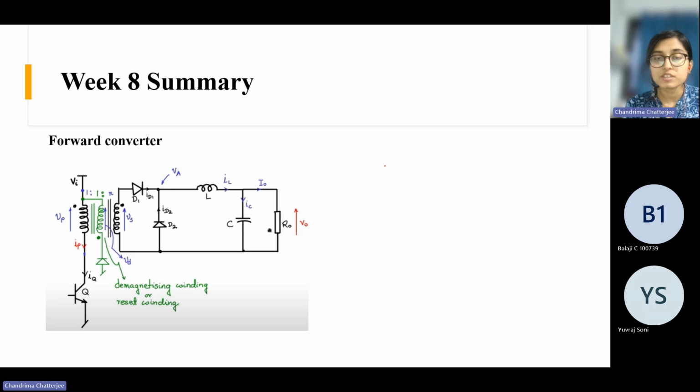If we just draw this circuit for ease of understanding, this is our supply voltage or input voltage, suppose. And here we have the primary winding, and here we have our switch.